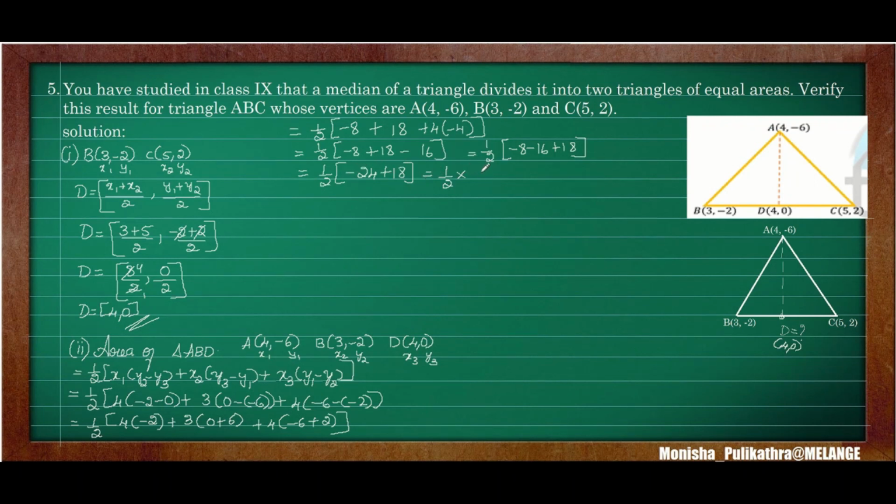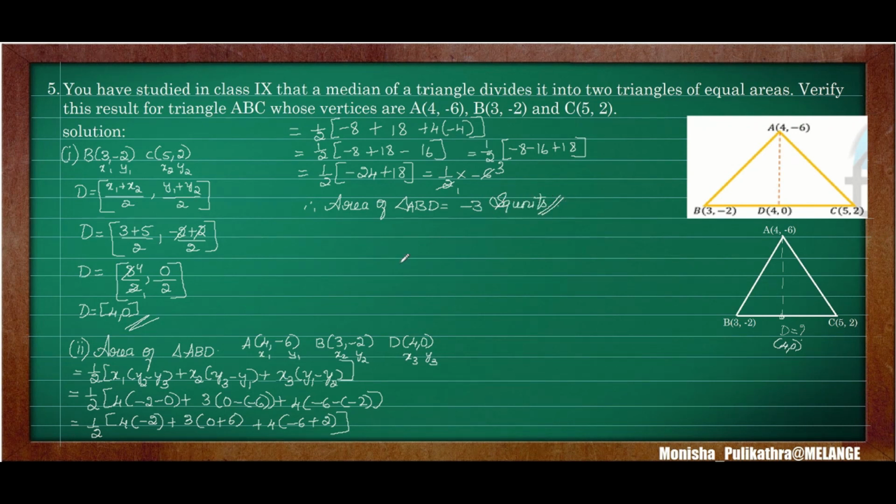Okay, so 24 minus 18, so that is 6, minus 6, because the larger number's sign is minus, so 2 1s are 2, 3s are 6. So therefore area of triangle ABD is equal to minus 3 square units.